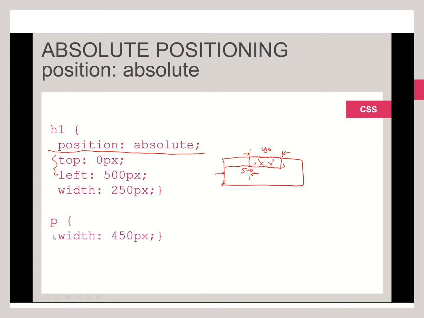Okay. And then the paragraph we define into this one, same as the previous. No change. Okay, if we want to use absolute positioning, we need to use absolute, and then we need to define the offset, use top, left, or bottom, right, and then we can also define the width for that element. So this one is 250, the paragraph is 450.